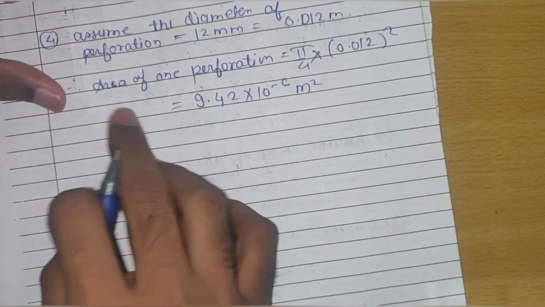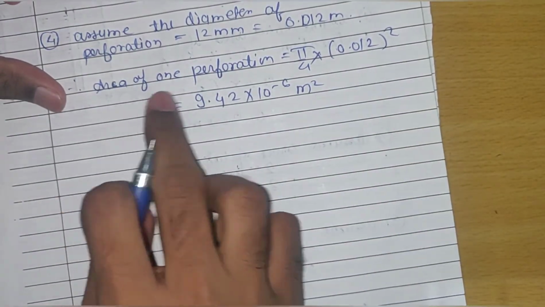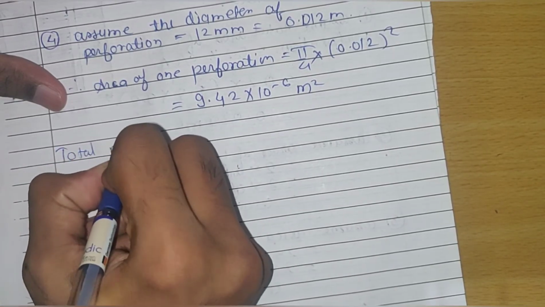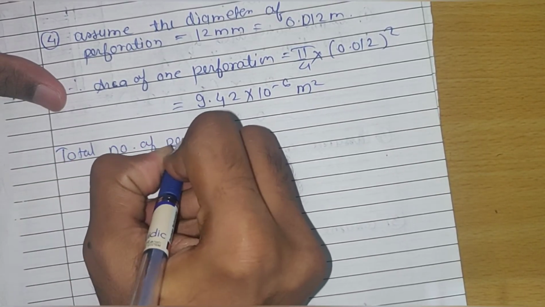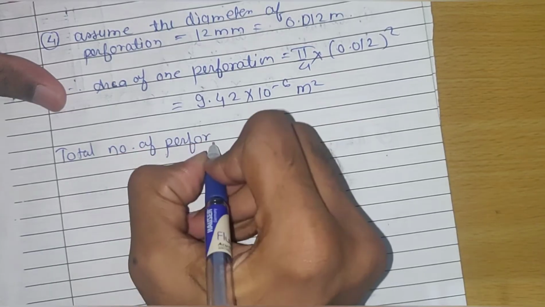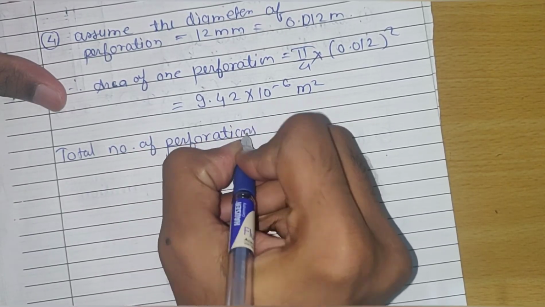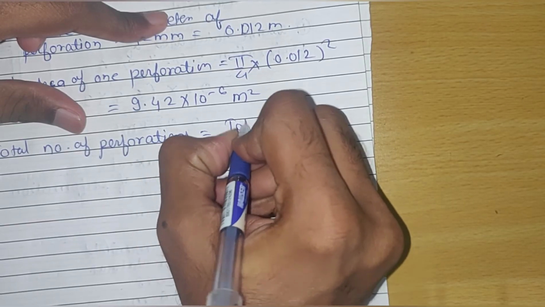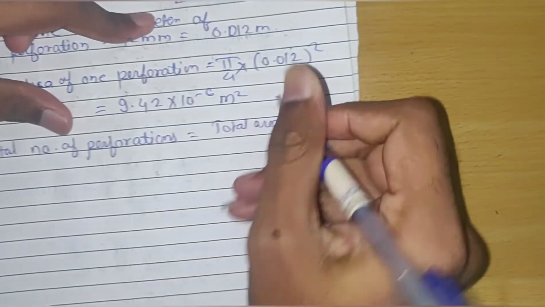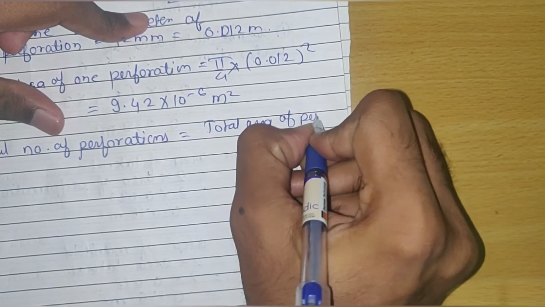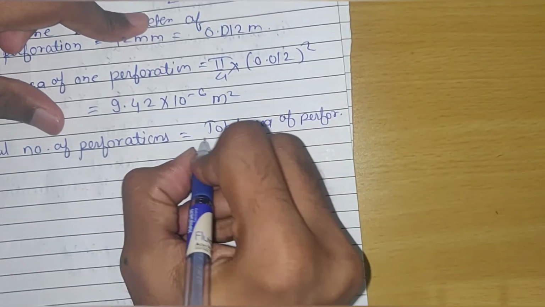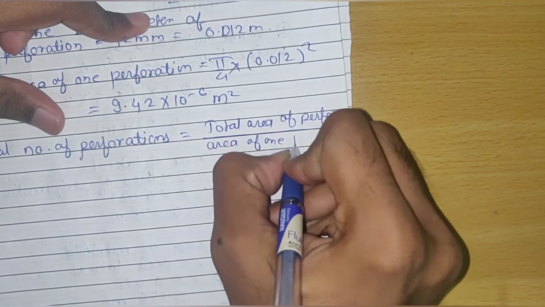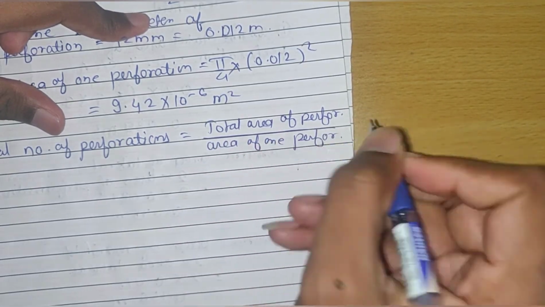From this we have the area of one perforation, so the total number of perforations will be the total area of perforation upon the area of one perforation.